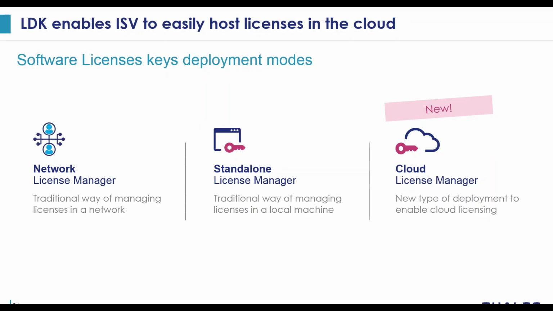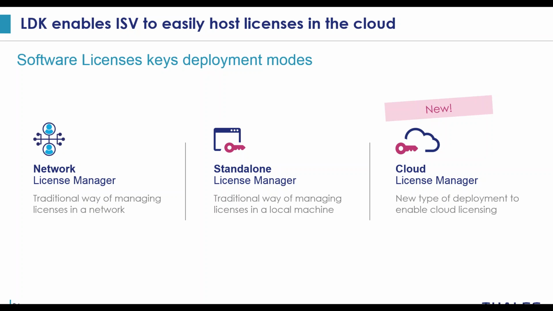So we have normally now 3 possible license deployments. Since years, we have, of course, a network license, which means that at the customer company, a license manager is installed, the license is activated or applied via a hardware key, and then users are consuming the license as they are allowed to do that.